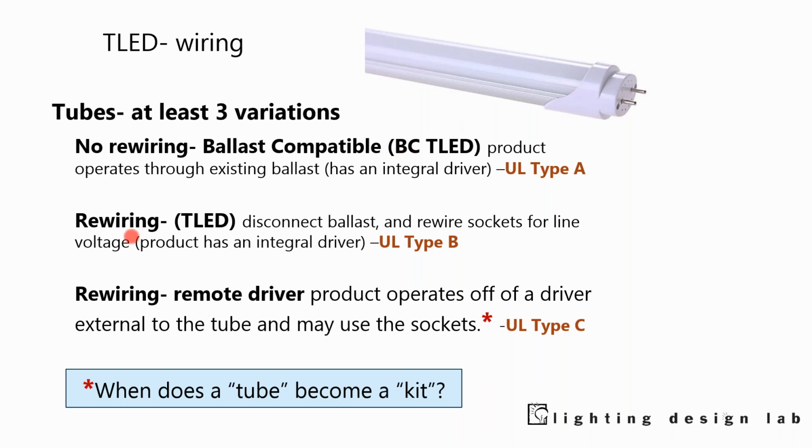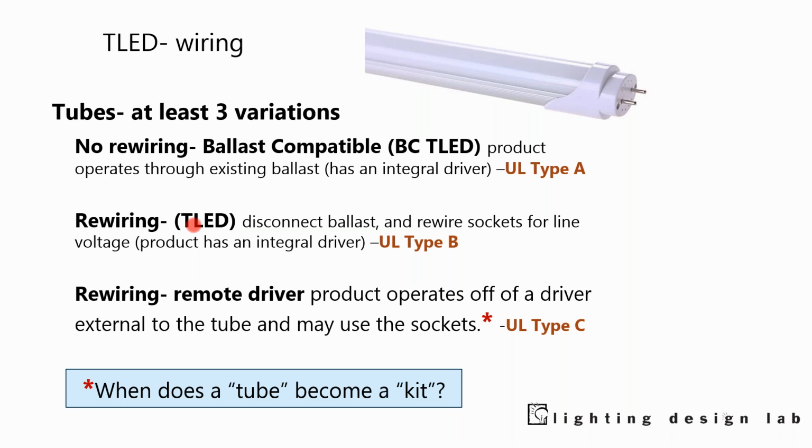Another scenario is where the reason being that this ballast compatibility. So in the earlier types of TLEDs, you would have to rewire. So you'd have to bypass the ballast. And at that point, you don't have to worry about compatibility, but now you're wiring and putting direct energy to the sockets.